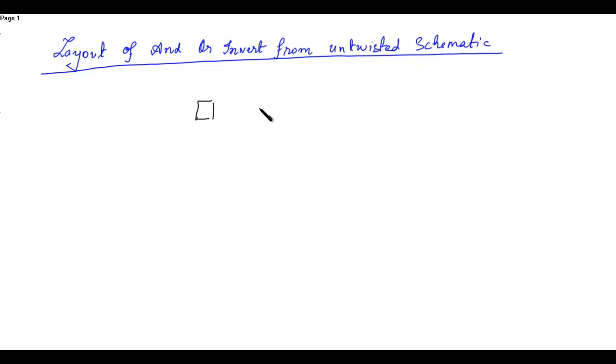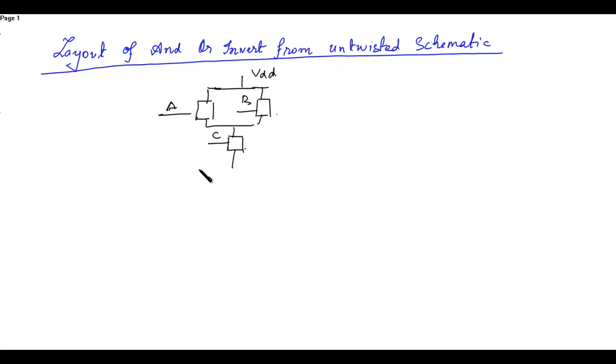This is one PMOS. This is the second PMOS. These two were in parallel with the third PMOS. So this is A, this is B, and this is C. These two are in parallel. This is VDD, in series with this.